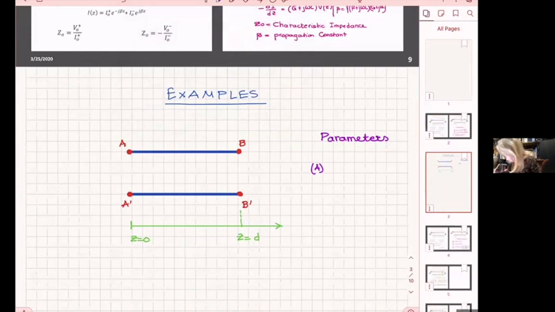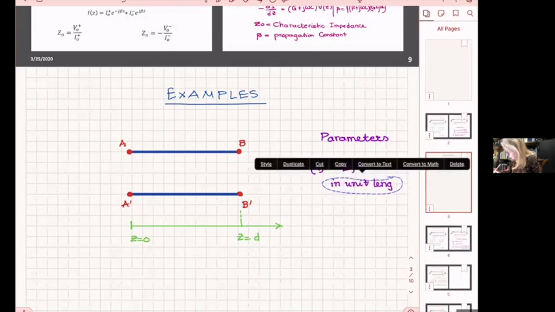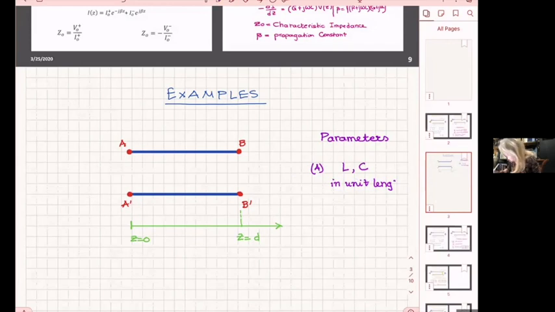So either I'm going to give you L and C in unit lengths, so for example, and I will give you an example later, lengths, or B, I will give you Z naught and beta.